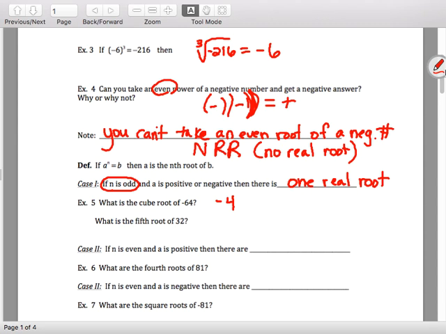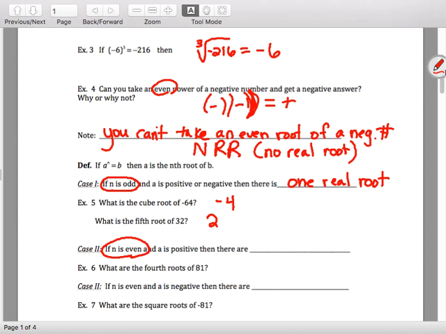The next question says, what is the 5th root of 32? So go look at your powers of 5. Go look at that spot on the pink paper that says it's 2, because 2 to the 5th is 32. Case 2, if n is even, let's circle that.